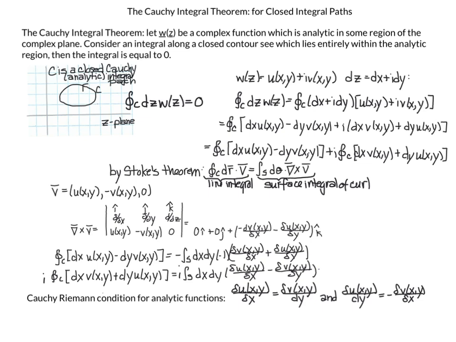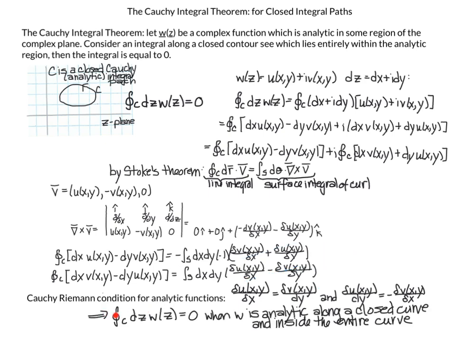This here implies that this goes to 0, and this over here implies that this goes to 0, which means our original integral, which is the sum of these two integrals here, is equal to 0. Again, we need to make sure we understand that w is analytic along the closed curve and inside the entire curve.